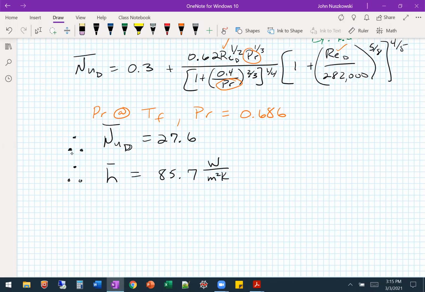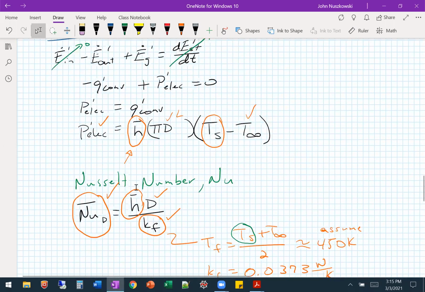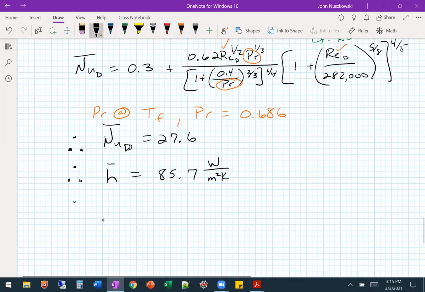We got to take it one more step. Go back up, and now we have the convection coefficient, so only the surface temperature is unknown. So we get 612 Kelvin.